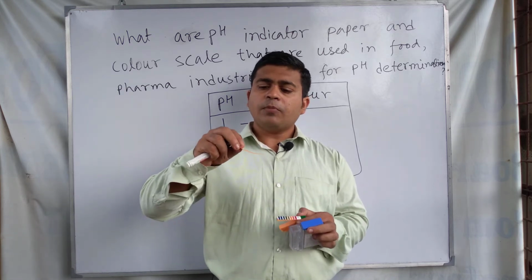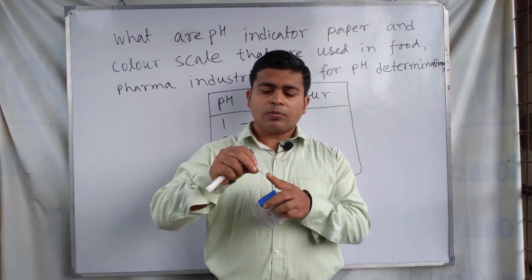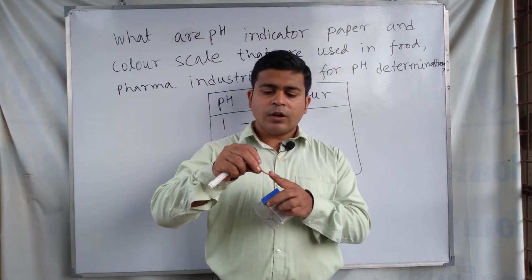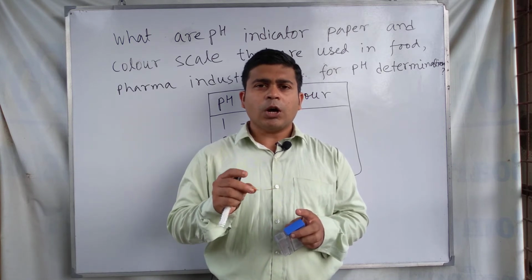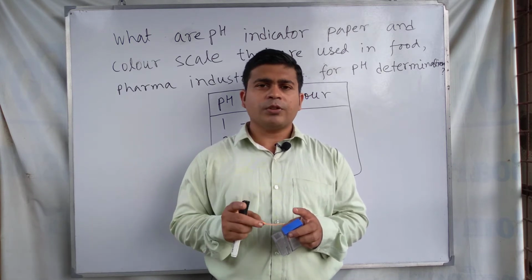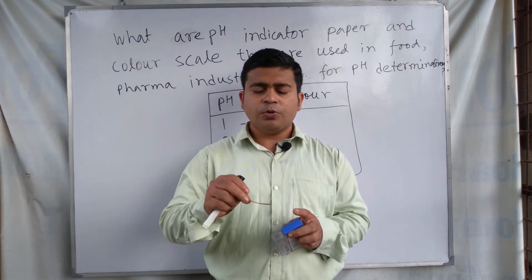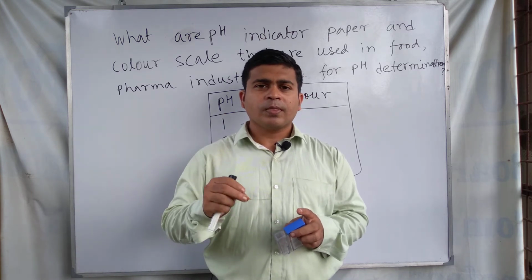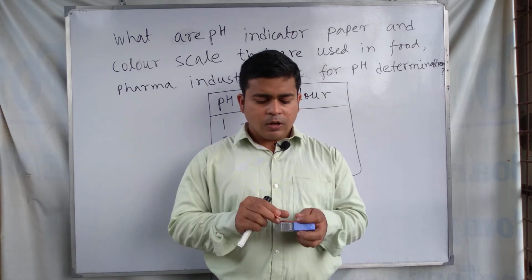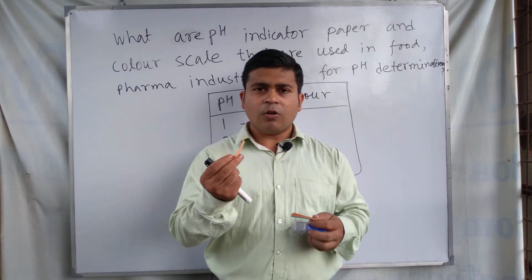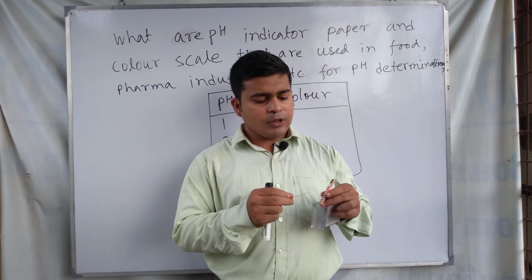Then we dip this indicator strip into the solution or the substance whose pH we need to determine. If the substance is liquid, dip it for half a minute to 1 minute. After that a color change occurs, and you have to check the color.